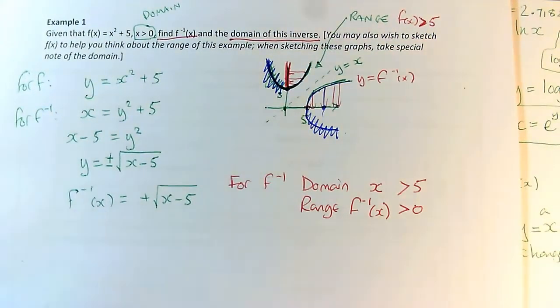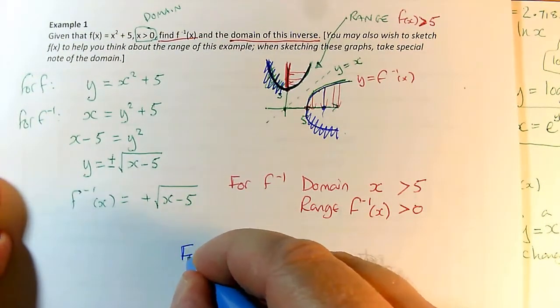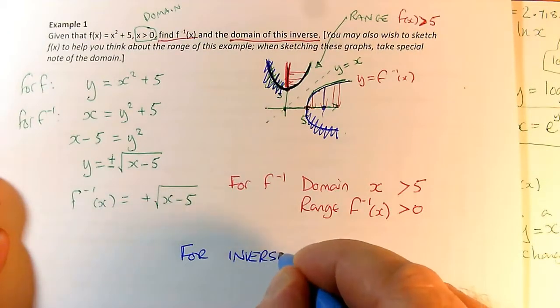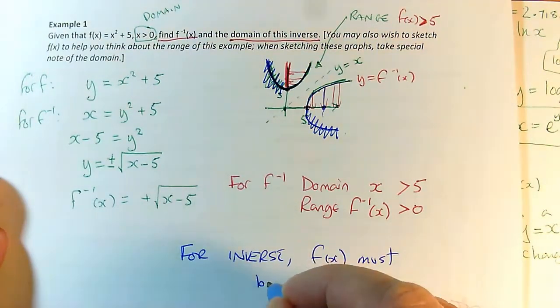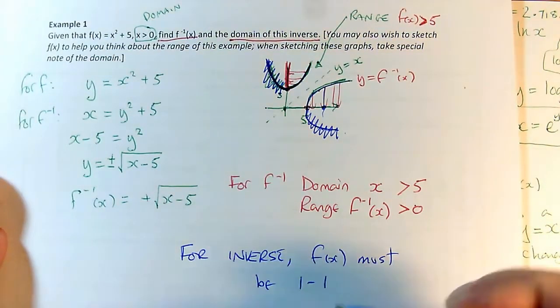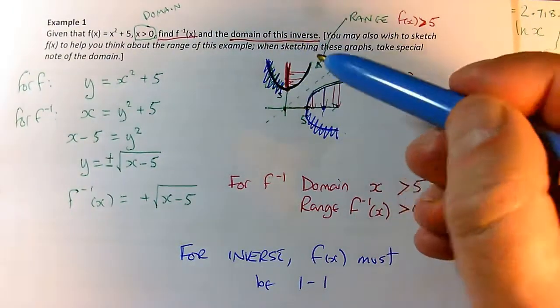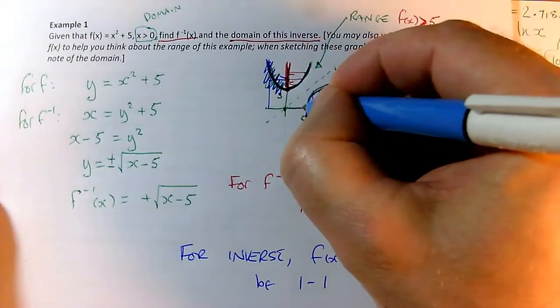So that's something else that's come up in your notes. For an inverse to exist, f of x must be 1 to 1. But this original graph, if I'd had the entire parabola, that wouldn't have been 1 to 1, it would have been many to 1, because there are two different ways of getting to this point on the y-axis.